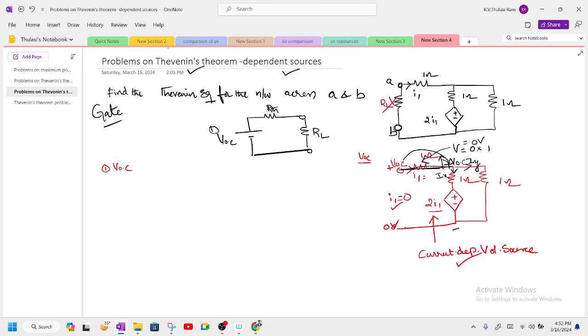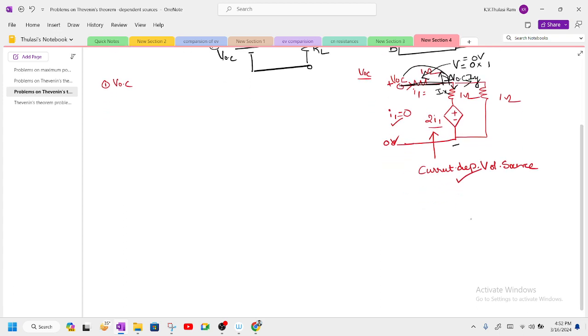So apply nodal analysis at which node? The VOC node. How many entering currents are there? There are no entering currents. The leaving currents are, one is Ix and the next one is Iy.